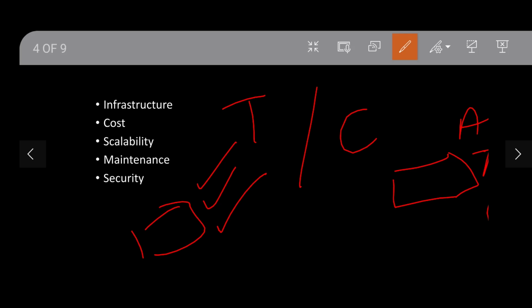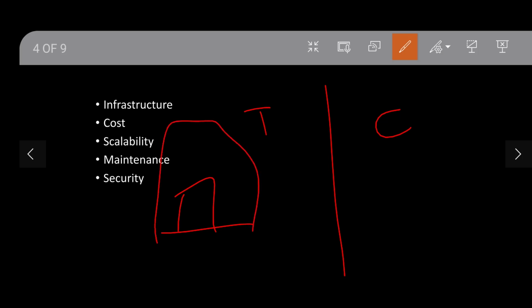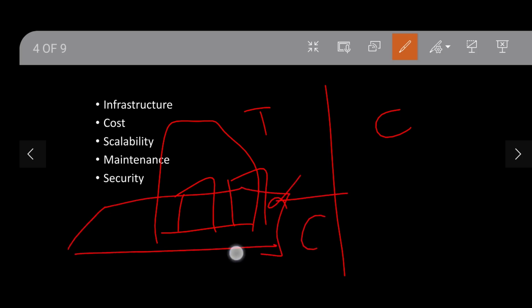Okay, so how does the cost get affected in the traditional way and in cloud computing? In the traditional way, cost would be easily affected because you need to buy a place to maintain that server. You need to buy the whole infrastructure, and as your company's demand increases, the servers also increase. This will affect the cost because you need lots of area for this.